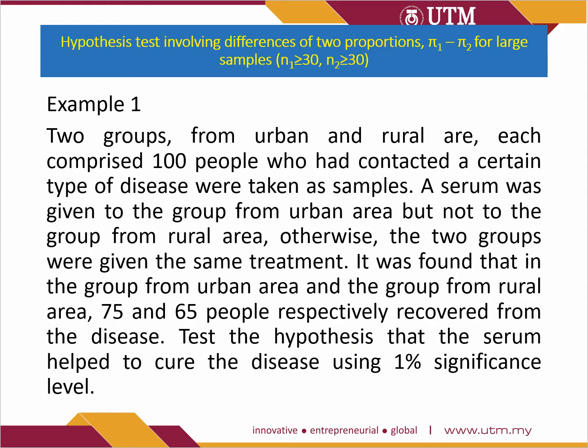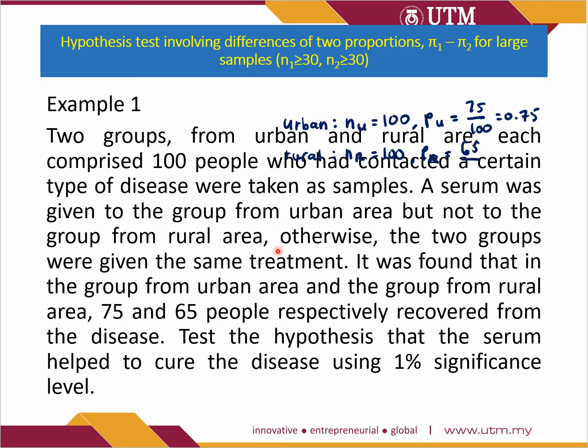So now let's go through example 1. Here we have two groups, from urban and rural areas, each comprised of 100 people who had contracted a certain type of disease and were taken as samples. A serum was given to the group from the urban area but not to the group from the rural area.